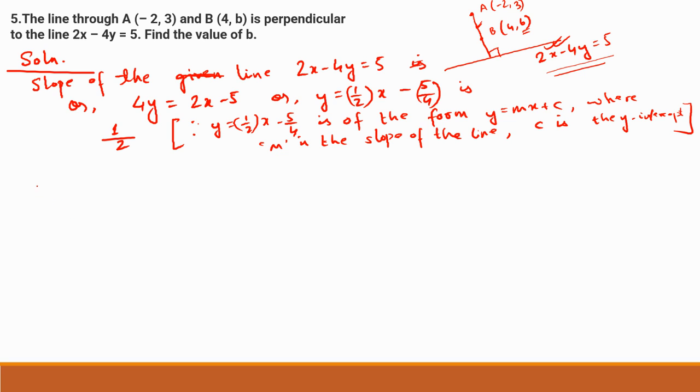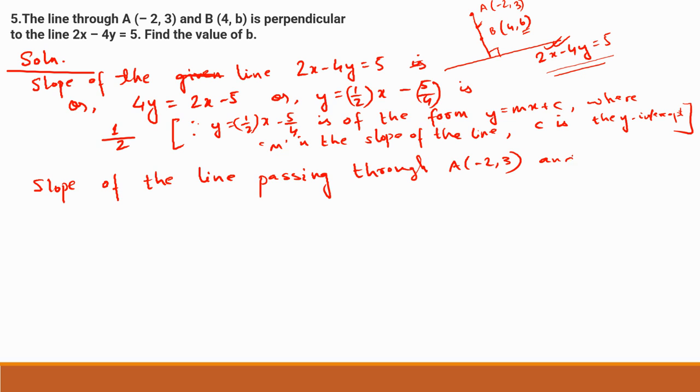Now what you will do is find the slope of the line passing through the points A minus 2 comma 3 and B 4 comma b. What is the slope?